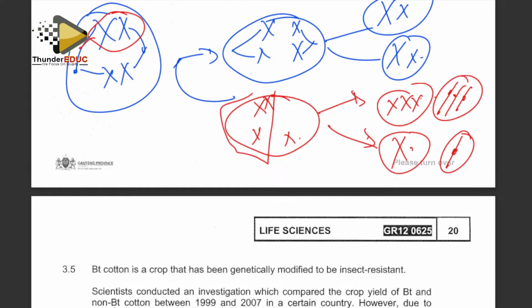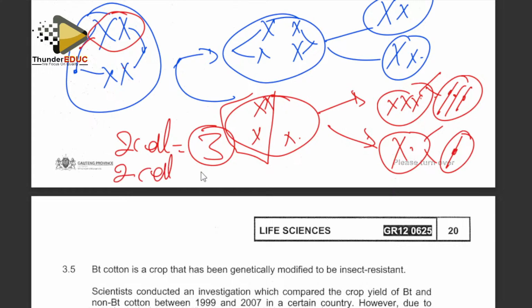There are going to be 2 cells, because this one is going to split again. 2 cells will have 1 extra chromosome, and the other 2 cells will be short of a chromosome. In other words, if they ask for the numbers, 2 of the cells will have 3 chromosomes, while the other 2 cells will have 1 chromosome. This is what I'm trying to describe. All right.